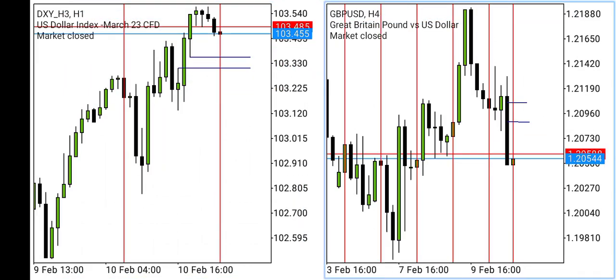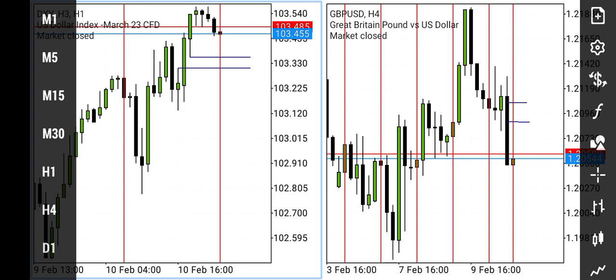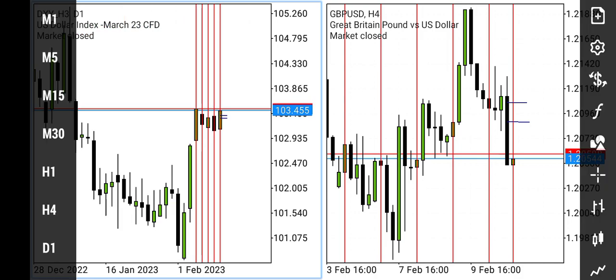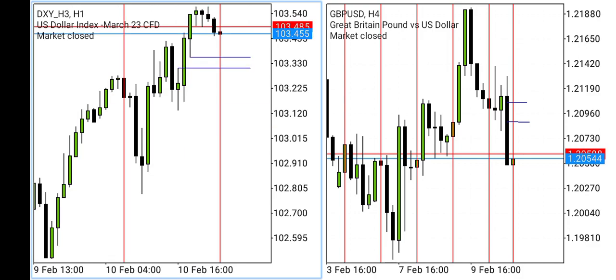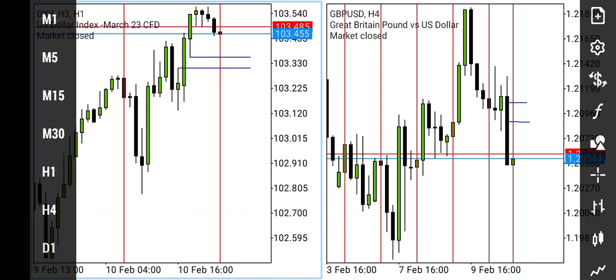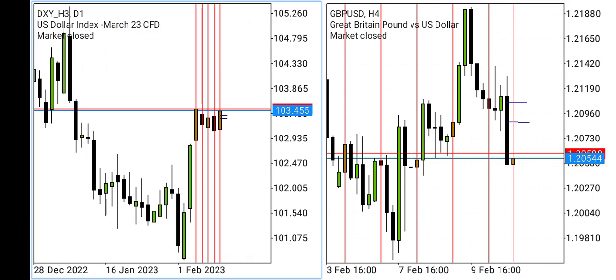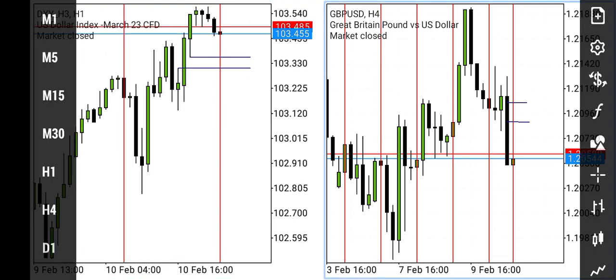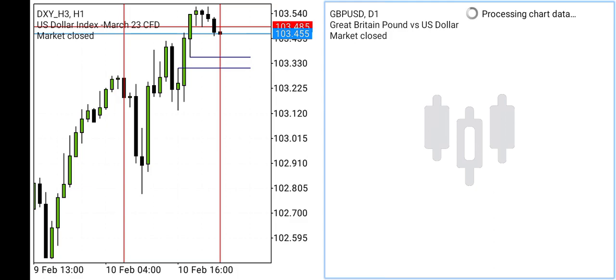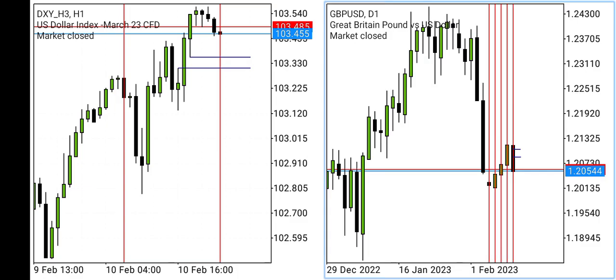If you put it on the 4-hour time frame, this is what I marked in the days. If you put it on the daily time frame, no, I don't need this on the daily. Come back on the 1 hour. I want to put this on the daily. Yeah, this is what I want on the daily.